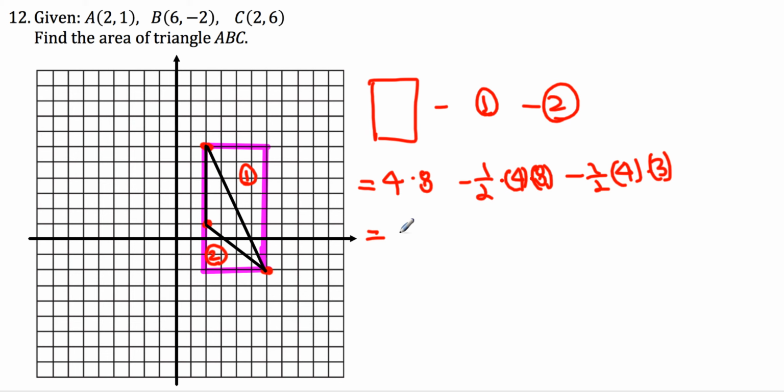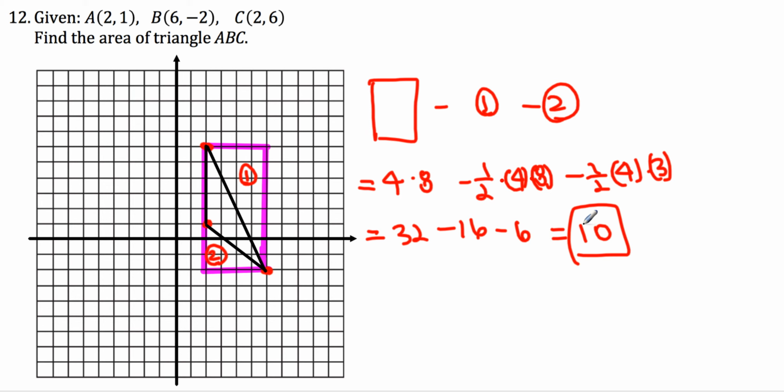So here what do we end up getting? 32, and then minus 16, and lastly minus 6. Then what's left here is equal to simply 10. 10 becomes our answer.